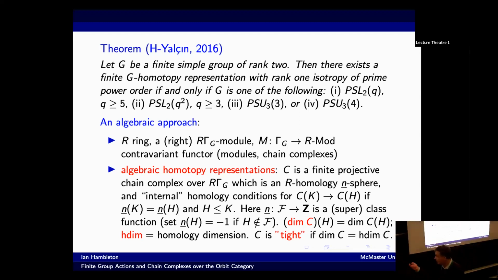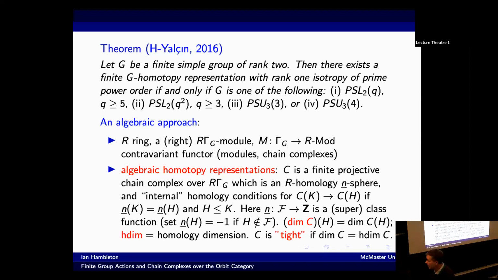So when you do that, you have two sorts of dimensions. This is a finite projective chain complex. It started out as finite. It has a dimension over every subgroup, that's dim C at H. And you can also take the homology over the orbit category, and for every subgroup H, that has a dimension.